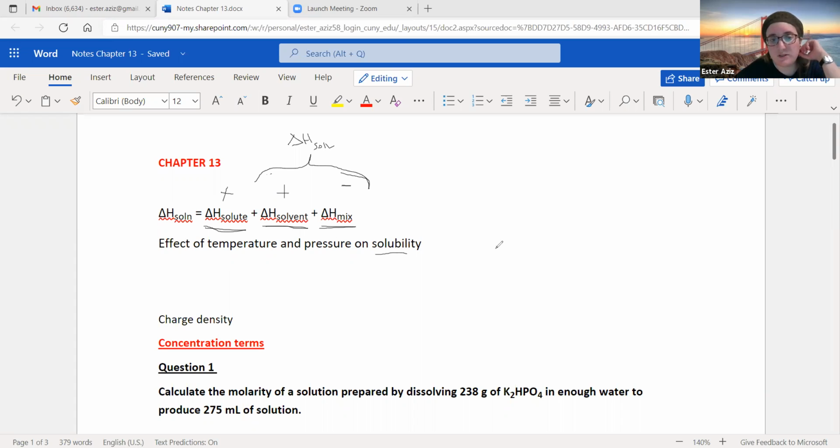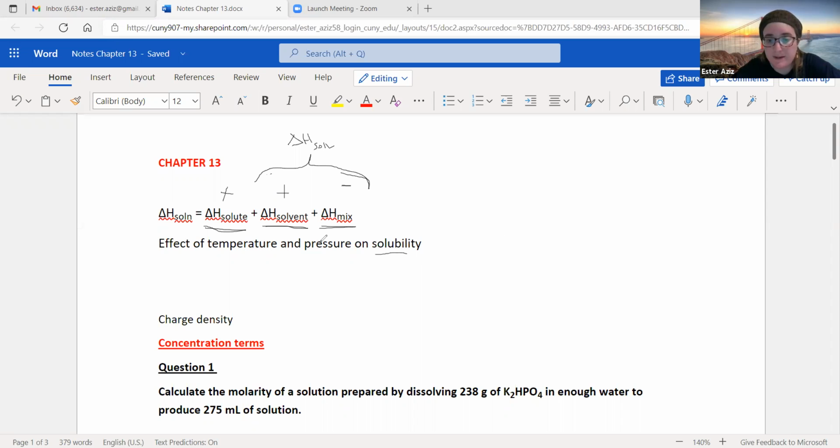That's considered a solid, and how much of it will dissolve in a certain volume of water. Well, usually there's a direct relationship between temperature and solubility of solids. So the higher the temperature, usually the more soluble the solid is.